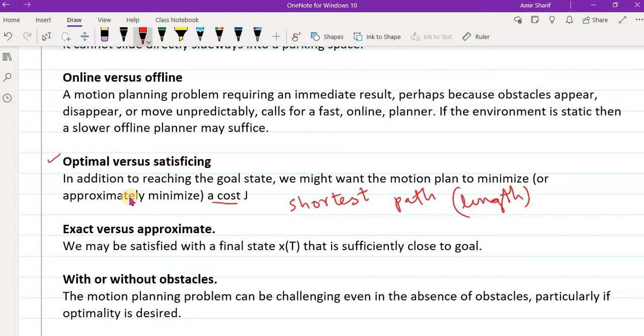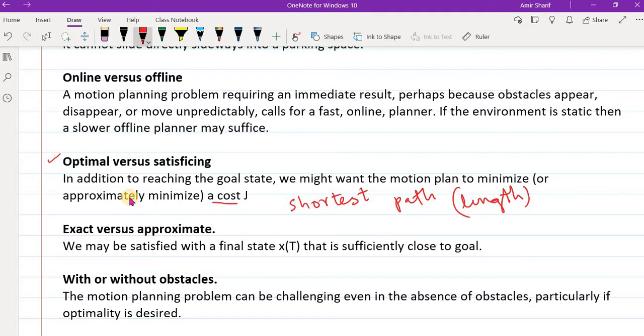Another category of motion planning is exact versus approximate motion planning. We may be satisfied with a final state x of t that is sufficiently close to the goal. In exact motion planning, we are looking for the exact final state.